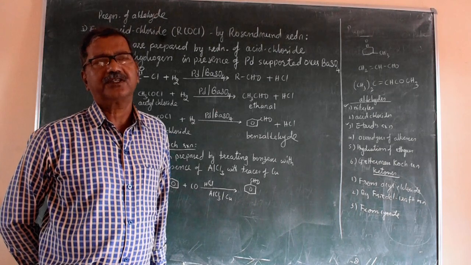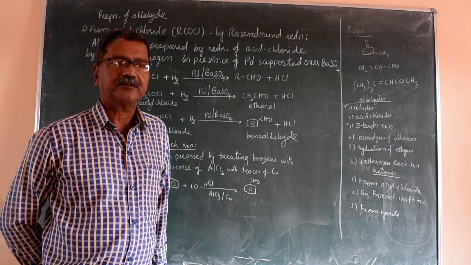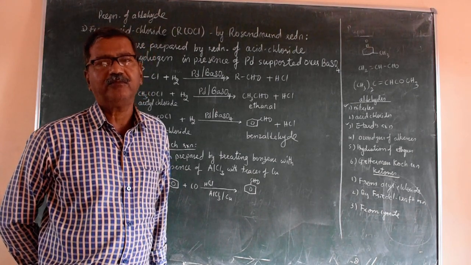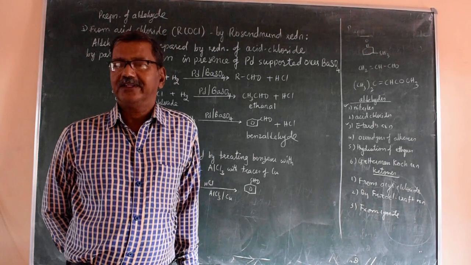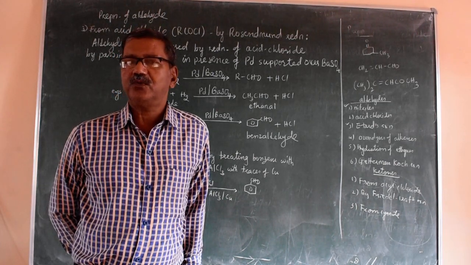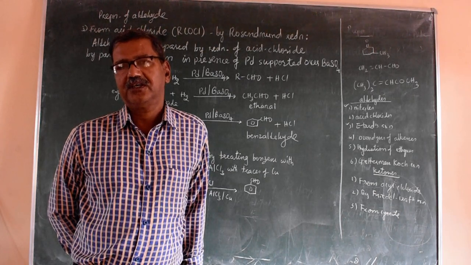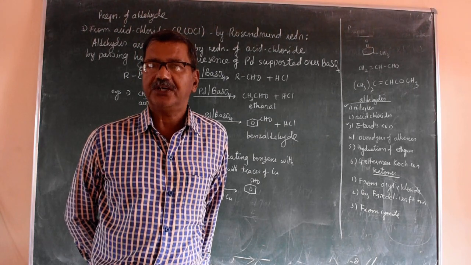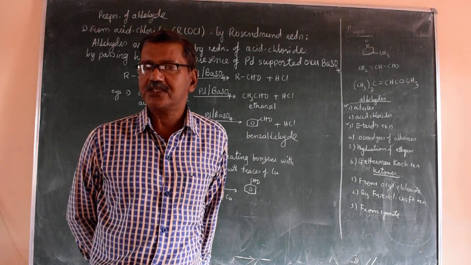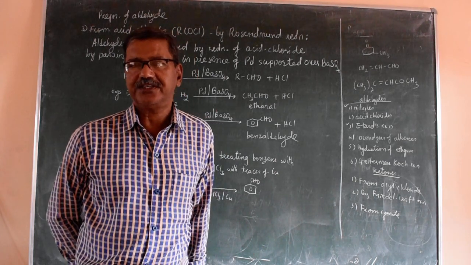We have a few more methods. For example, we studied in PUC first year, we can prepare aldehyde from alkenes. The process is called ozonolysis. Reductive ozonolysis of alkene gives the aldehyde. Reductive ozonolysis means you are using Zn as a reagent.